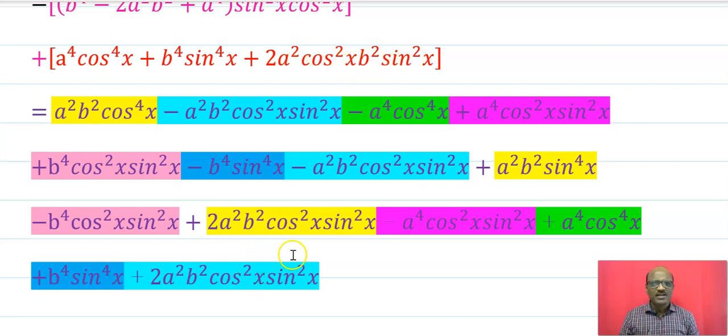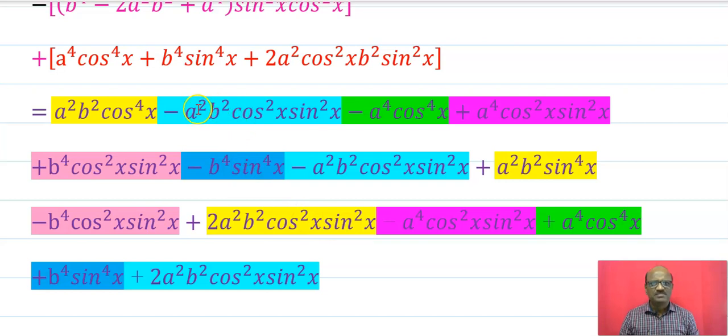All these terms. Now see this. The terms that remain in this whole expression are a^2 b^2 cos^4 x, this in yellow ink, and here is a^2 b^2 sin^4 x, 2a^2 b^2 cos^2 x into sin^2 x, and all these terms.